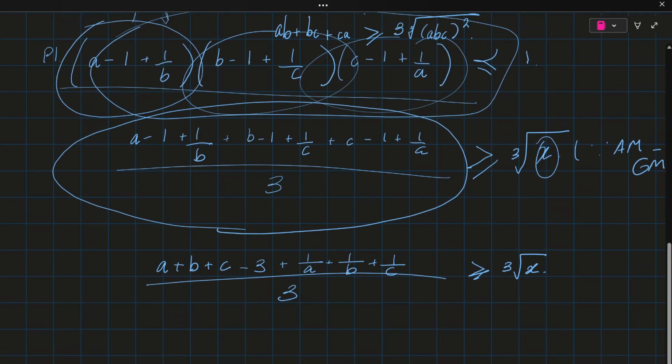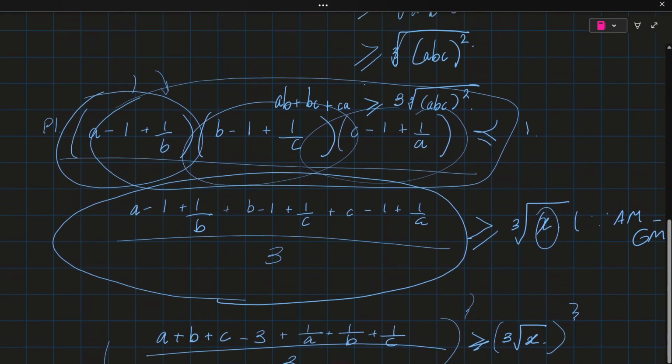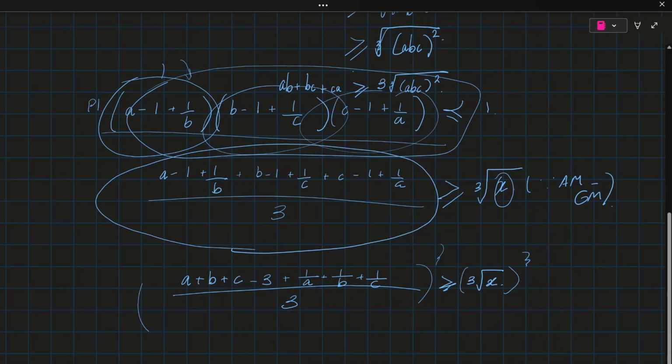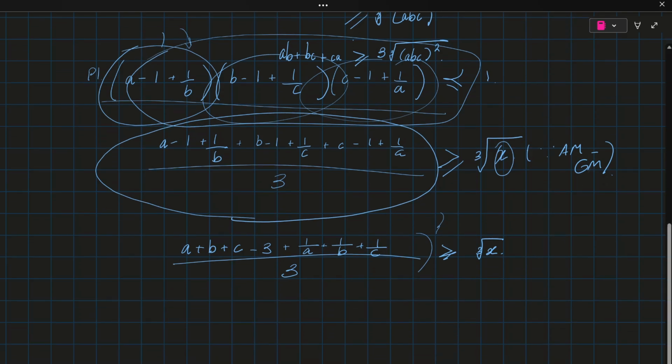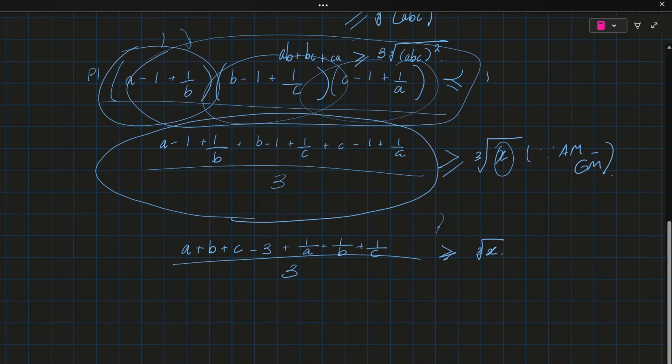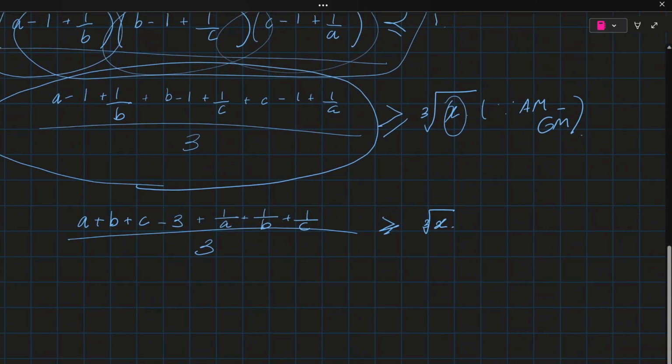One more thing: if we were to cube both sides, we'll get the thing that we want, because we already have the product and the cube root, so that's what we're trying to do. But if we were to cube it right now, it's going to be complicated, of course, because the left-hand side hasn't been sorted out yet. It still looks very complex.